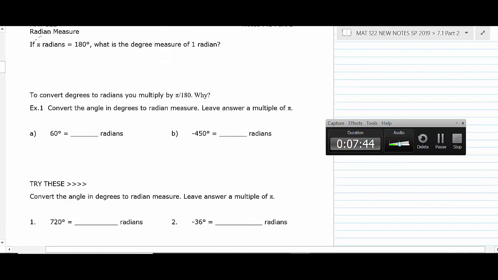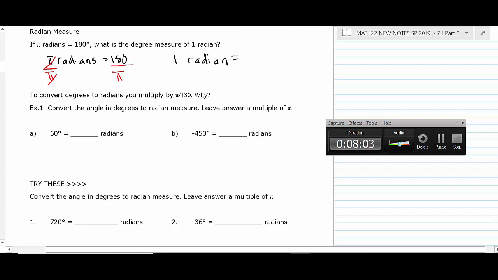So we have this distinction. This is an equation, and what we're going to do is divide both sides of this equation by pi. This becomes 1, so we get what 1 radian is.